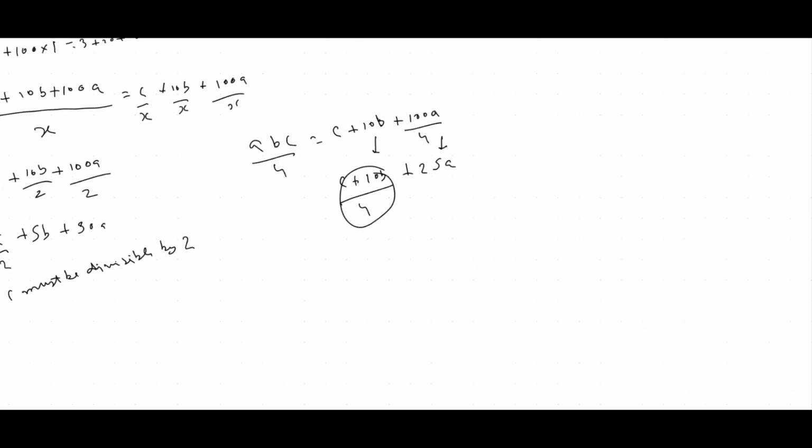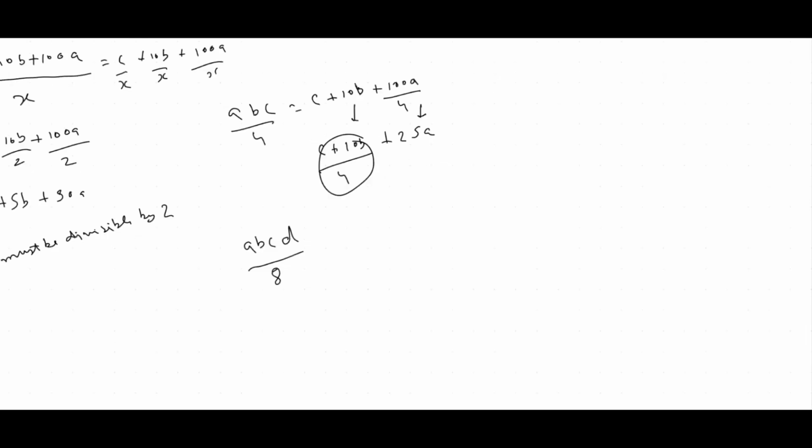Let me first increase the number of digits because we are now talking about 8. Can you write it like D plus 10 times C plus 100 times B plus 1000 times A? Now, which of these terms is 100% divisible by 8?